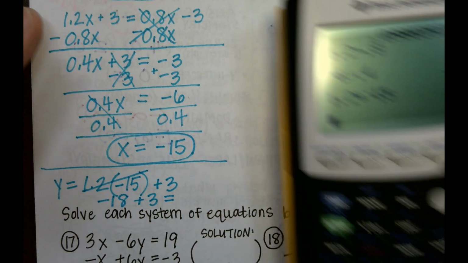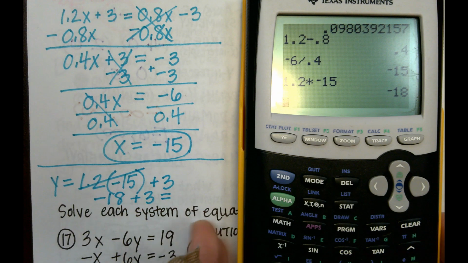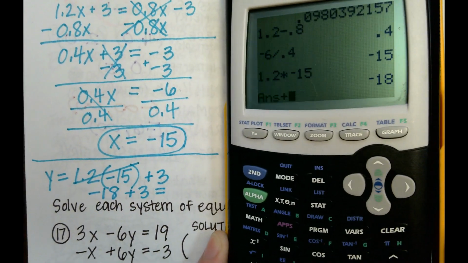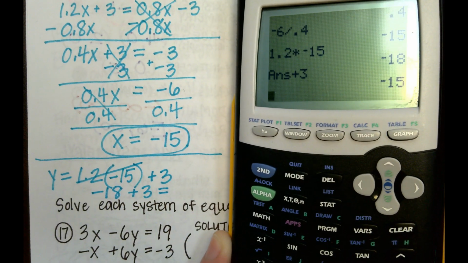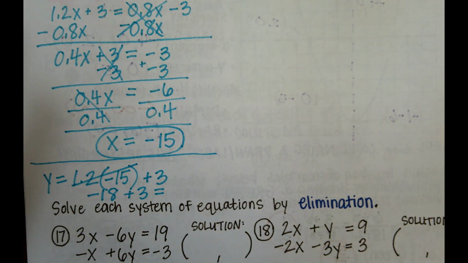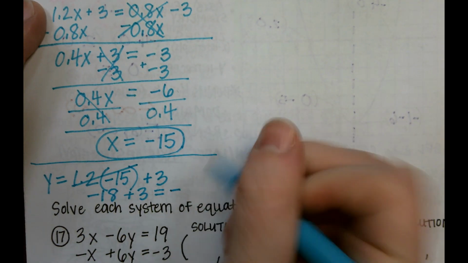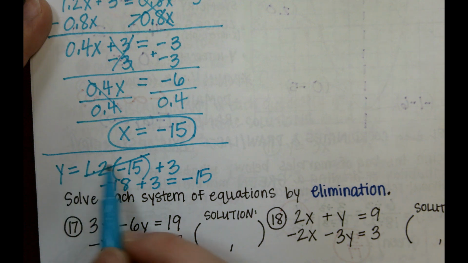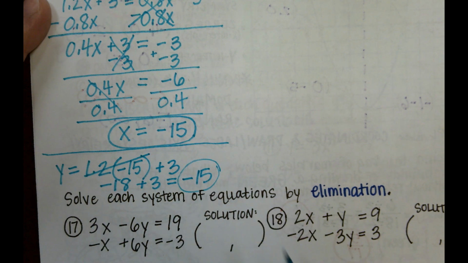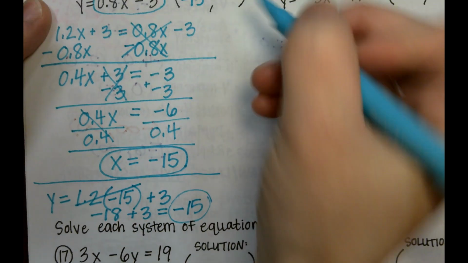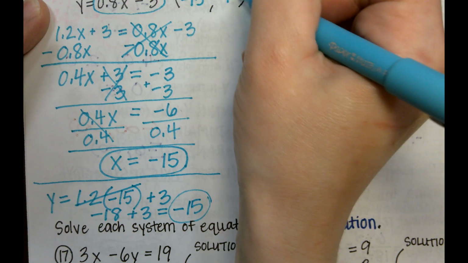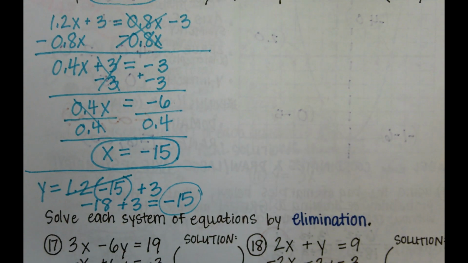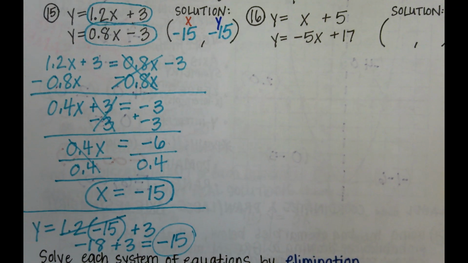Yes, and if we're unsure about adding those negatives, negative 18, I just put plus 3 in my calculator. I get negative 15. What do you know? Our x and y are the same. Now, how about that? Yes, see, we got y equals negative 15. Yeah, that turned out nicer numbers than I thought we would. Well, good.